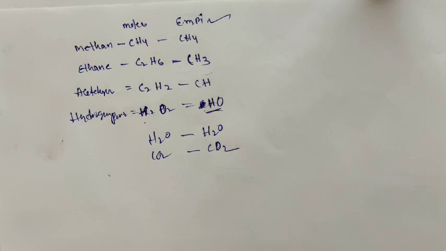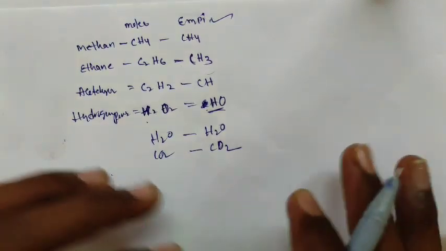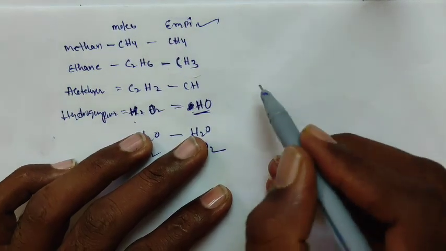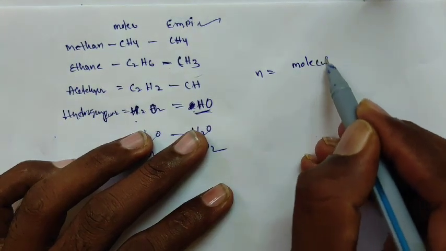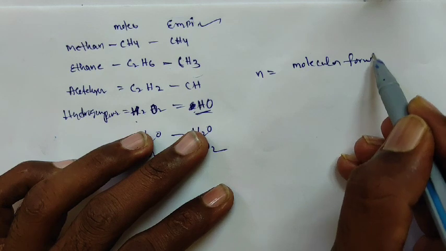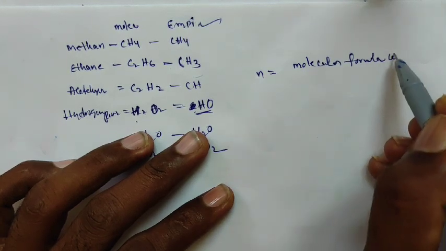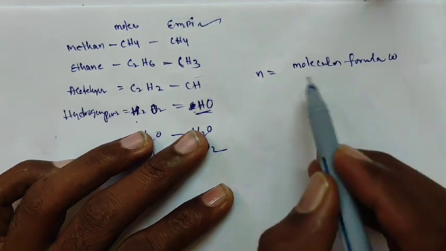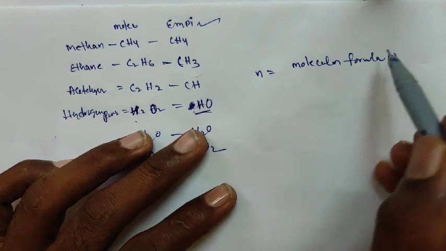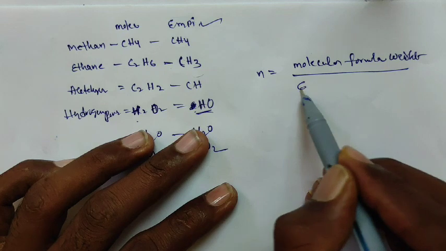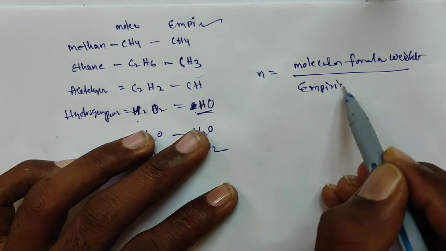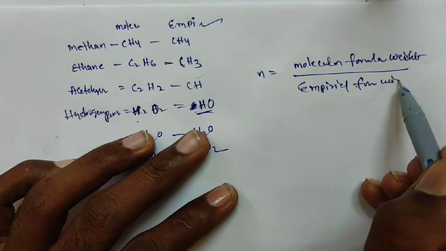Now, one formula I said before: N is equal to the molecular formula weight or mass divided by the empirical formula weight or mass.